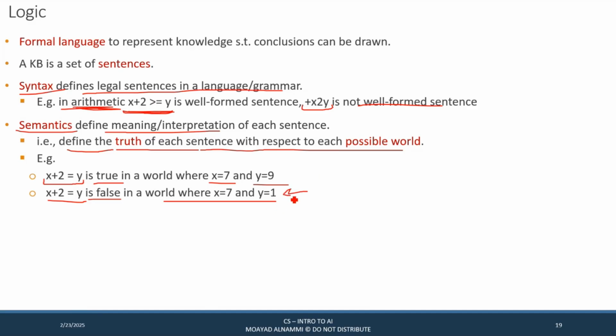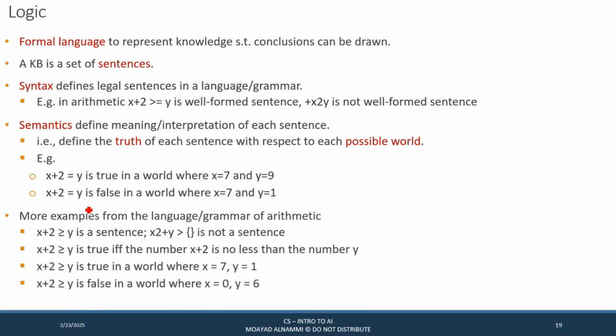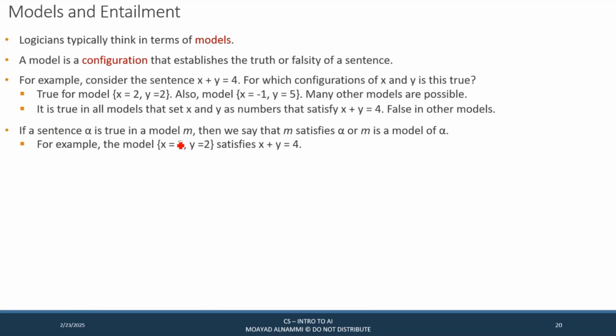The reason it's false is because we've defined meaning for what plus is and what equality is, right? You can look at more examples from the language of arithmetic just to make this concrete. But the idea is that every formal language has sentences, and sentences have a syntax that is defined by the language, as well as semantics in terms of what's true and what's false.